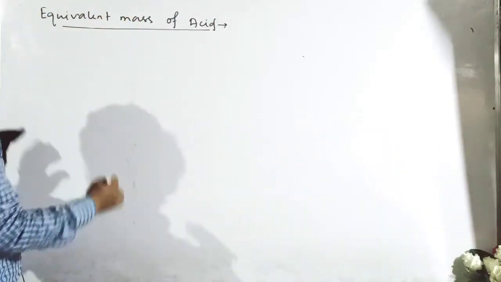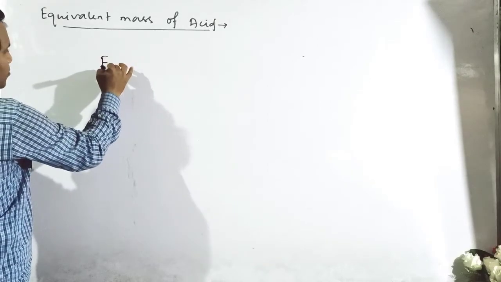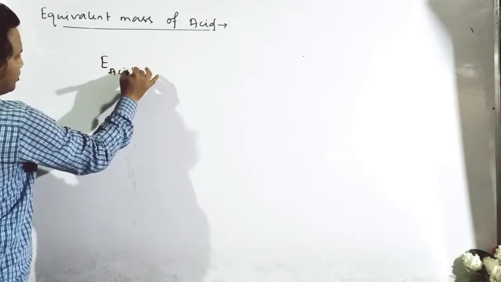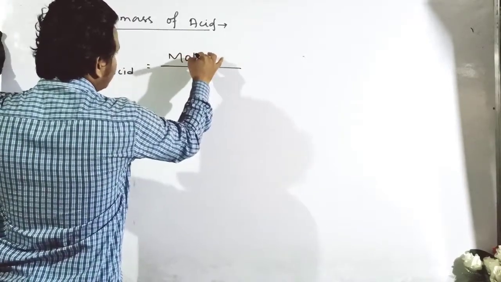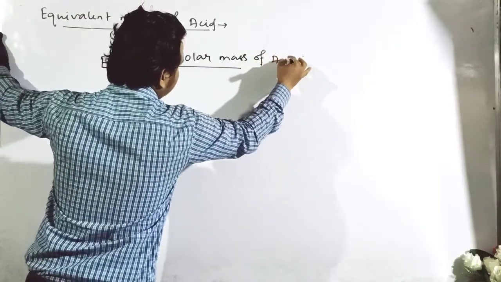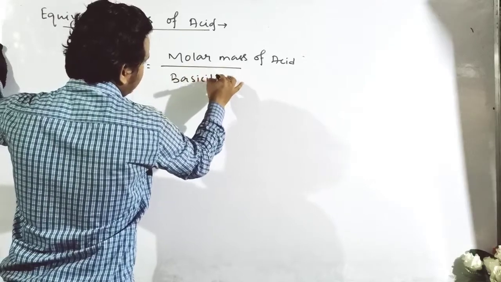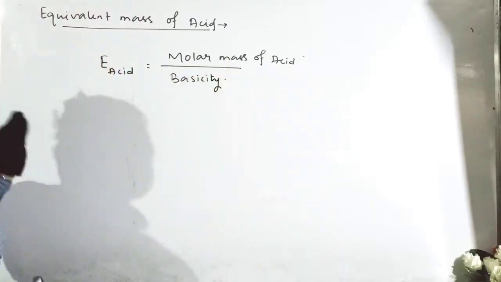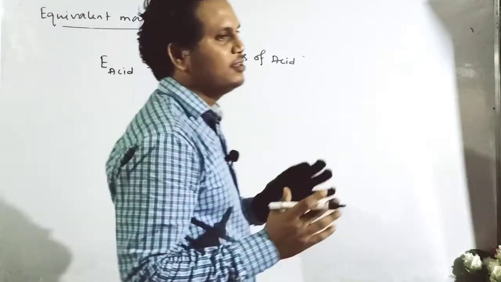So for acid, what is the formula? Equivalent mass of acid is equal to the molar mass of acid divided by basicity.